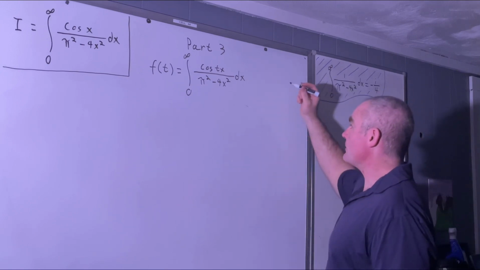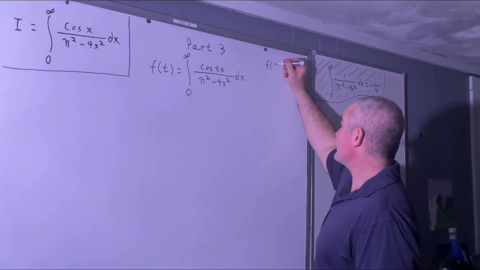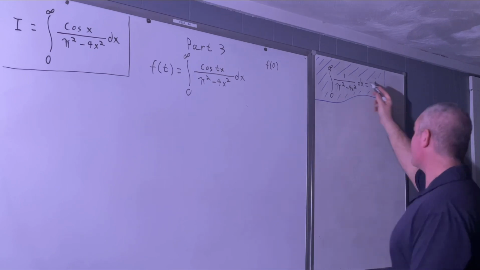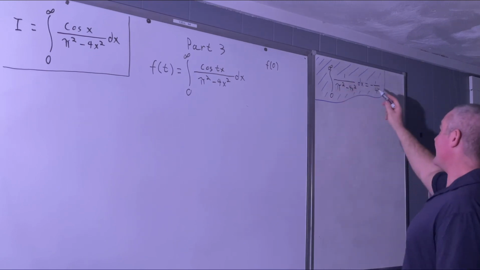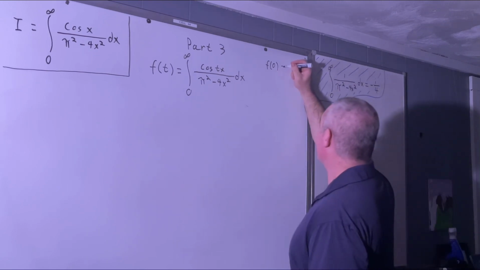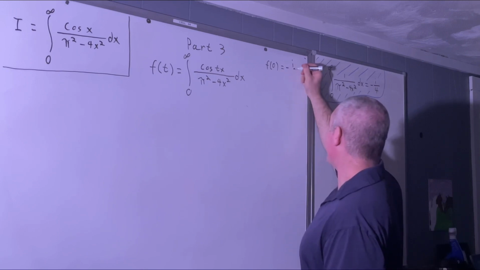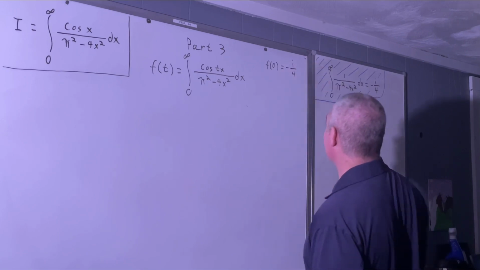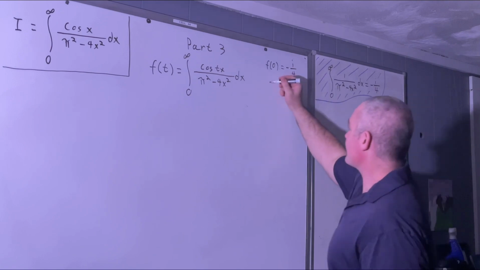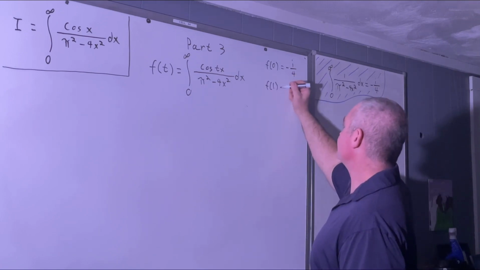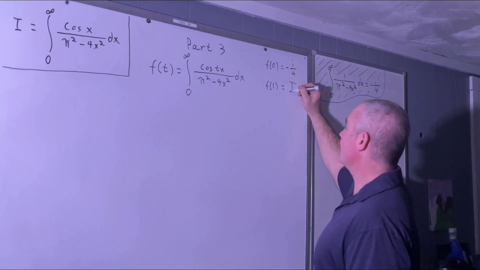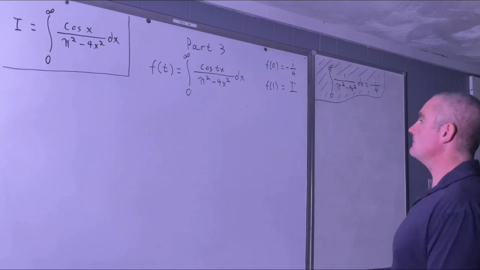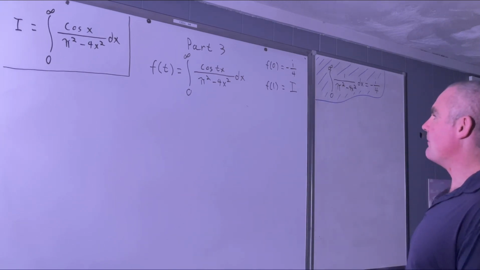And we will note that f at 0 is going to equal this thing, which we're calling negative i over 4. All right, and of course, f at 1 is going to give us back our original integral I. All right, what next?